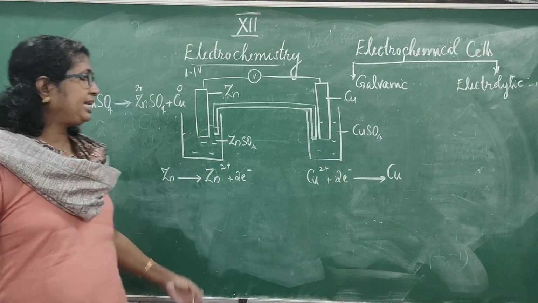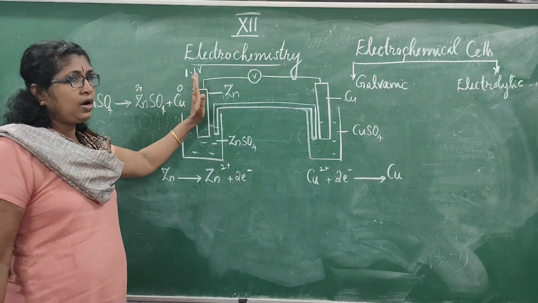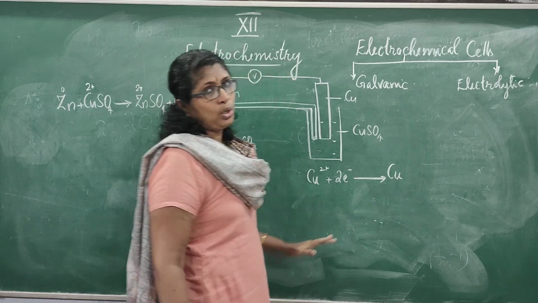One example is this voltaic cell, in which zinc is oxidized to zinc ions and copper ions are reduced to copper.